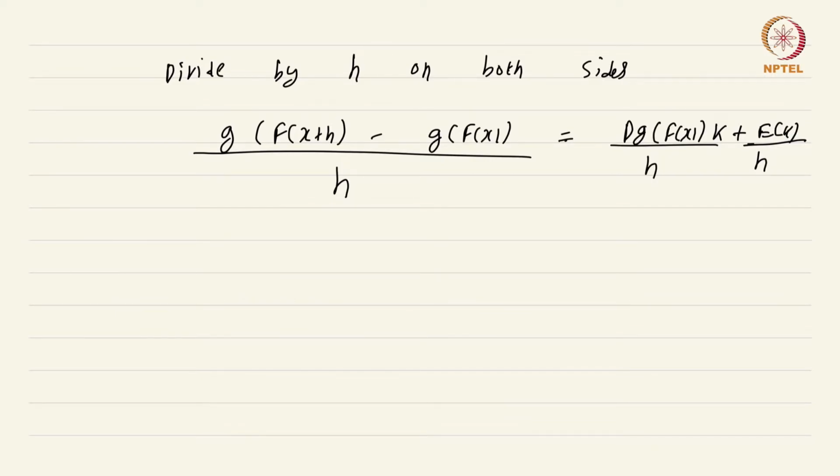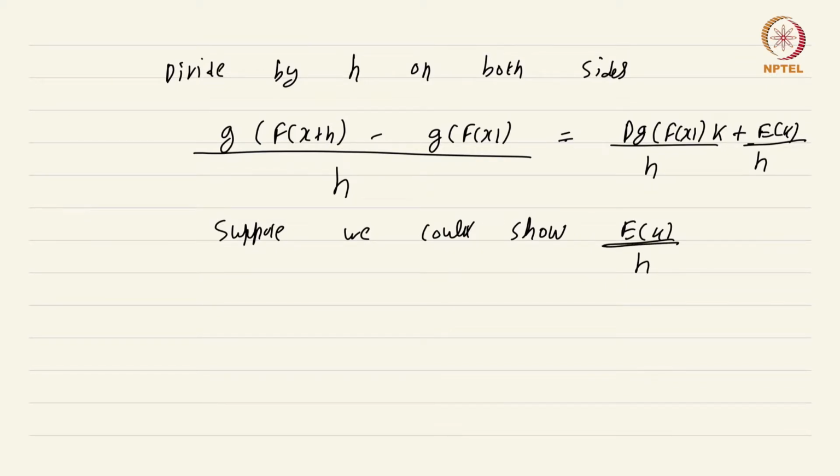Suppose we could show that e(k) by h goes to 0 as h goes to 0. Actually, the norm is not needed because h is just a single variable, it's just a real number.